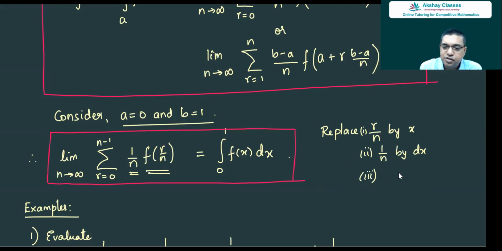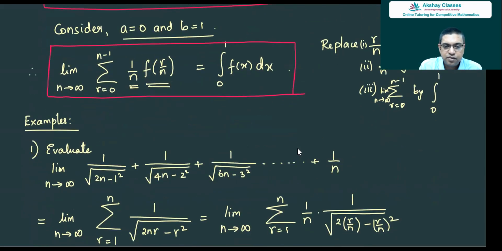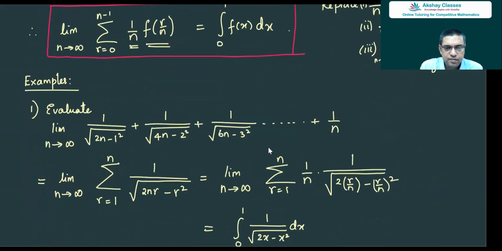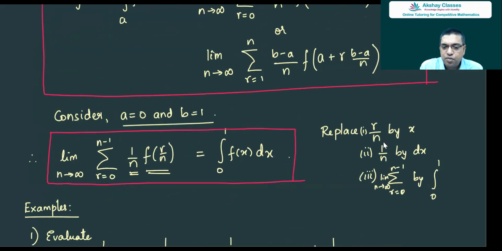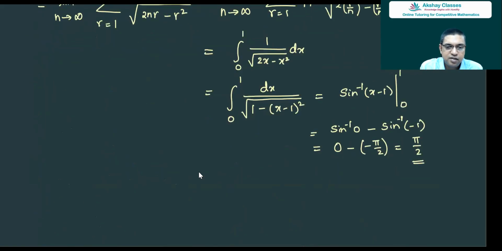And this summation sigma r equal to 1 to n or 0 to n minus 1, limit n tends to infinity, becomes the integral 0 to 1. So by doing this, we get the result.